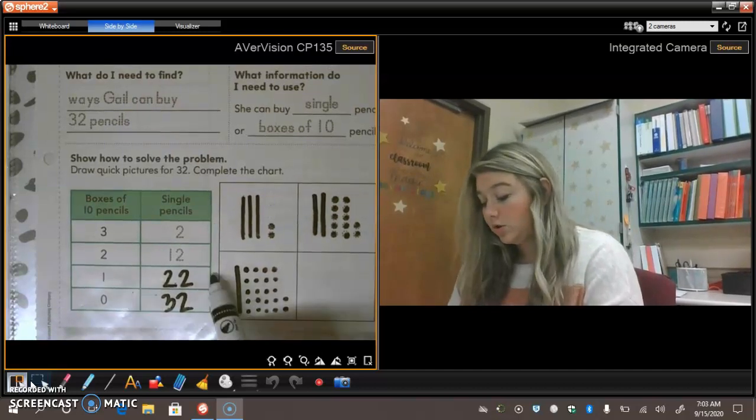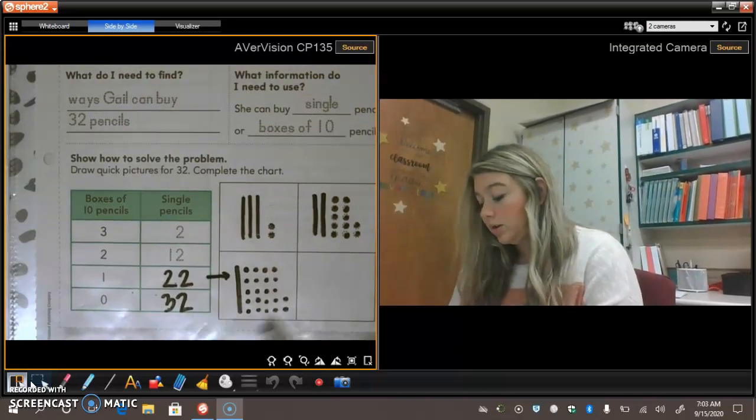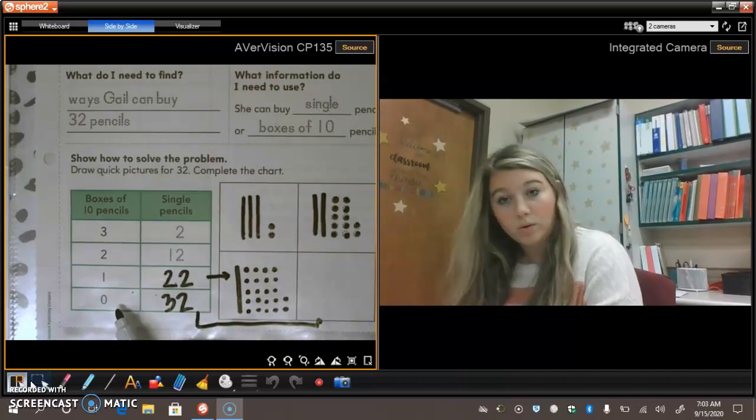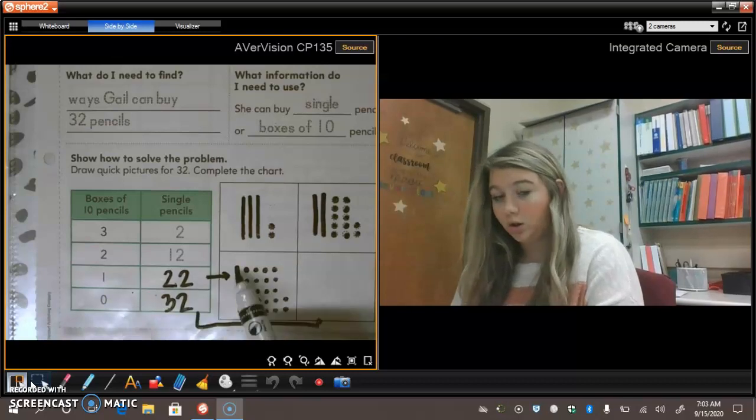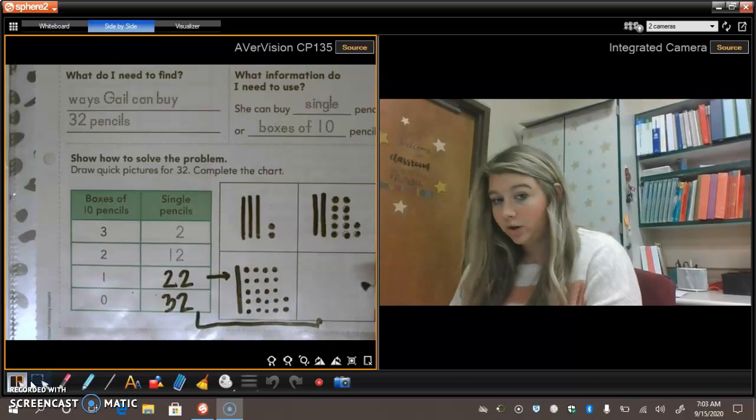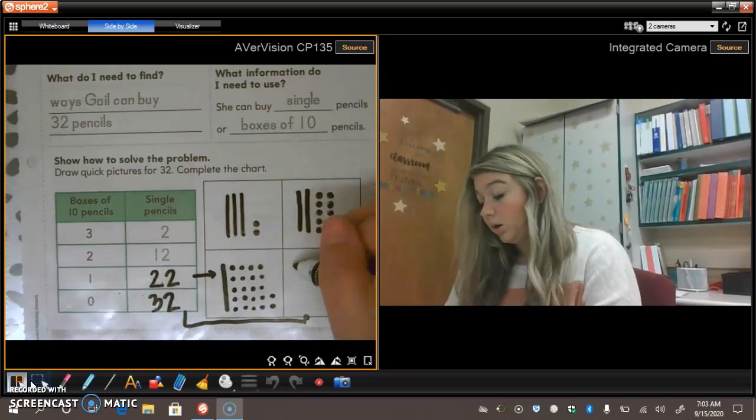This is the one that we just drew. So now we're going to take this one and draw it. So we know we have no 10s, so we won't use any of our 10s rods or our long sticks. So we have to draw 32 single cubes or circles.